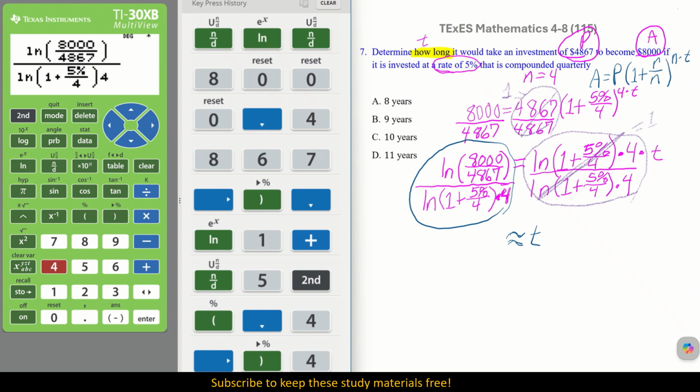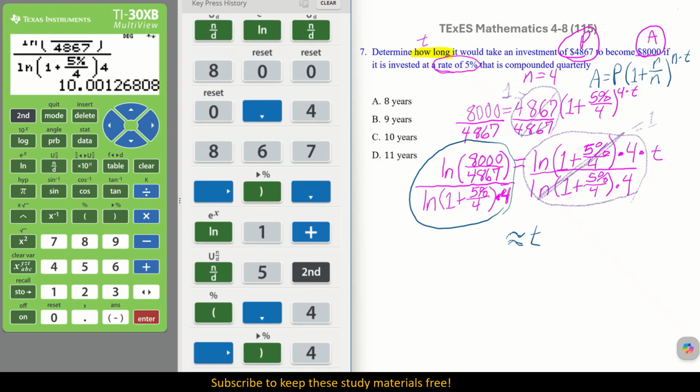You don't have to say times 4 because the calculator understands the order of operations. Now, drum roll, push enter. What do I get? A little teeny tiny bit more than 10 years. So roughly 10 years.